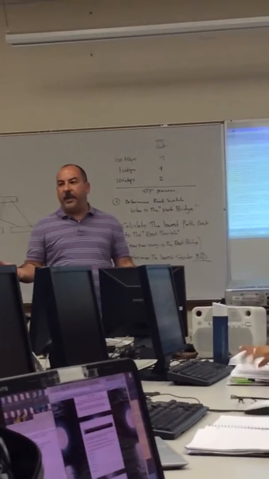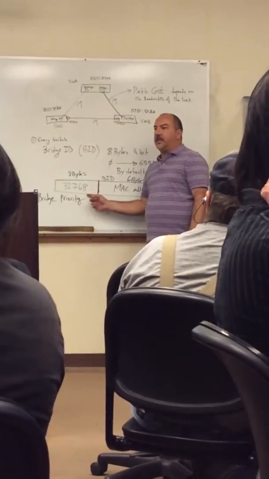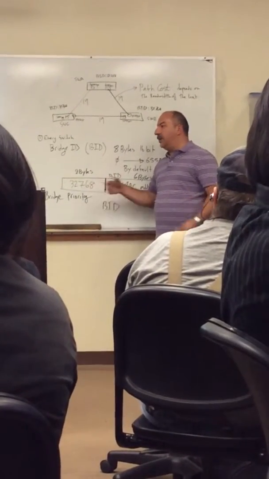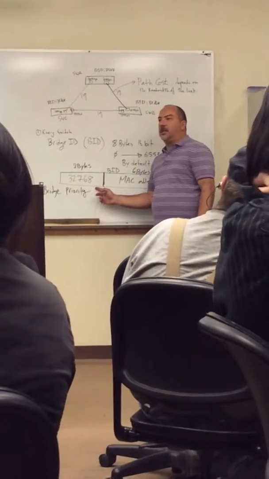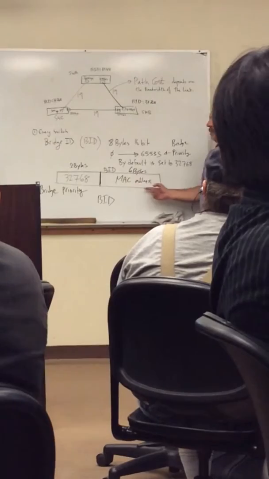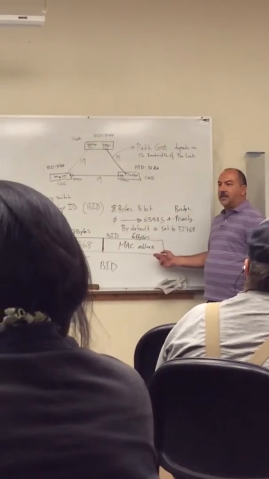So in this case, step number 3, determine the lowest sender BID. So what will be the lowest sender BID? If all of them have the same priority, which is 32768 from the factory, because when you reset the switches, they reset to this, the lowest sender BID is going to be the switch with the lowest MAC address.